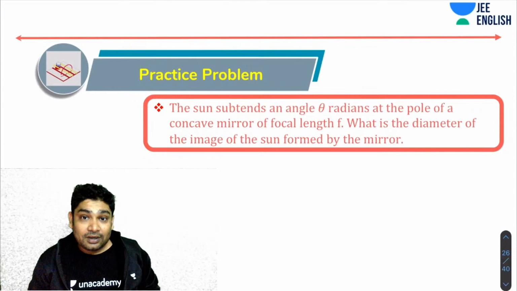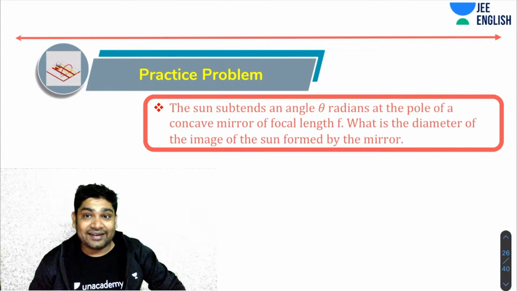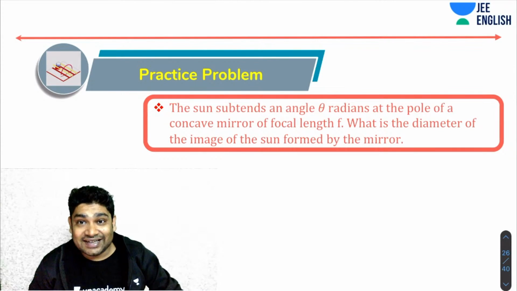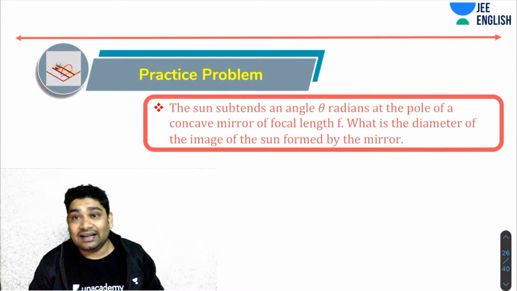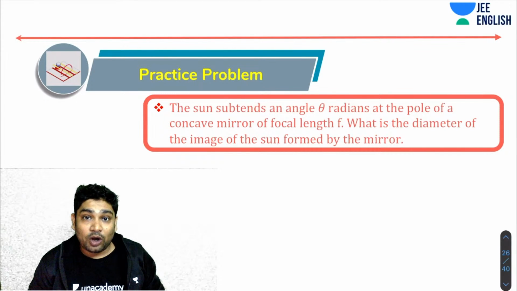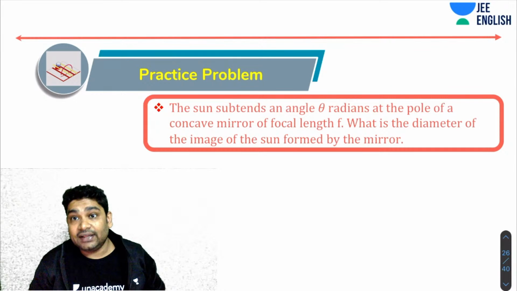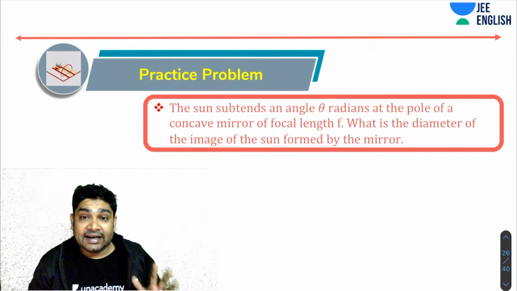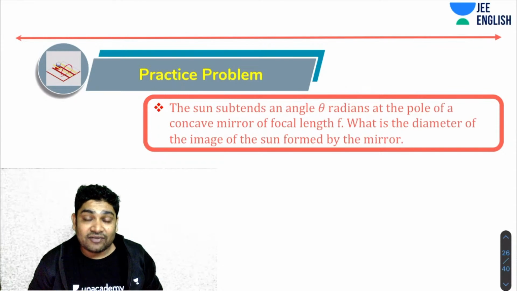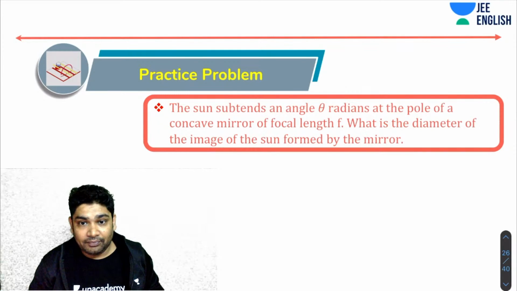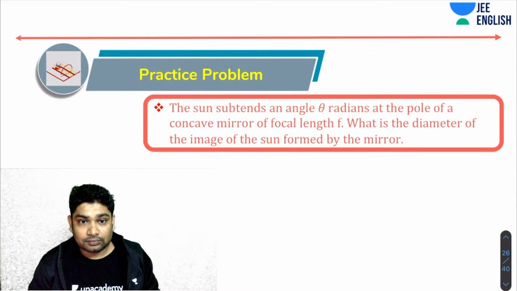All right. Now let's try another tricky kind of problem. This problem says that the sun subtends an angle theta radians at the pole of a concave mirror of focal length f. Then what is the diameter of the image of the sun formed by the mirror? Okay, that is what you have to find.